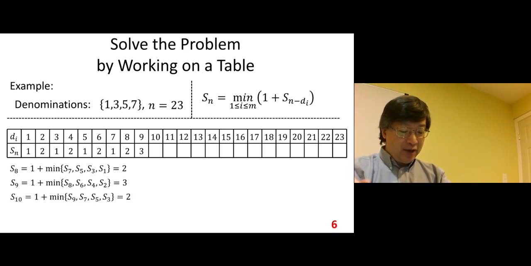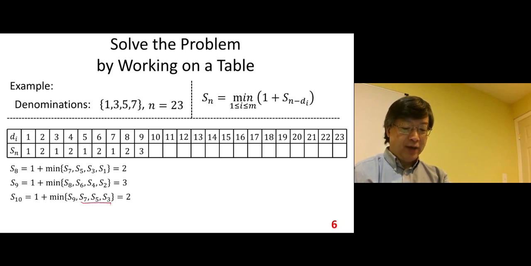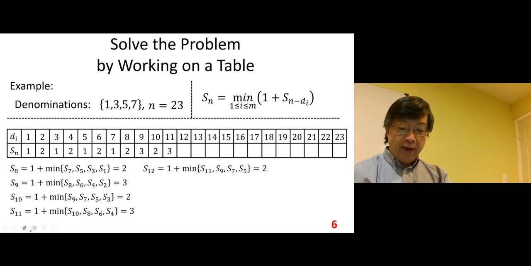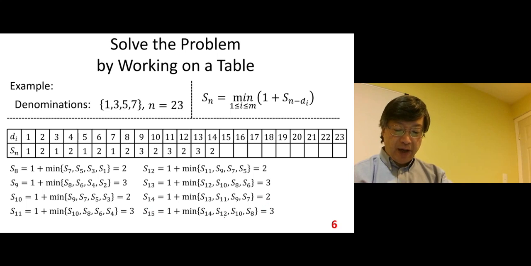For 10, the minimum of these numbers is 1, so we get 2. S11, the minimum is 2, so we get 3. For 12, the minimum is 1, so we get 2. For 13, the minimum is 2, so 3. For 14, the minimum is 1, so 2. For 15, the minimum is 2, so 3.